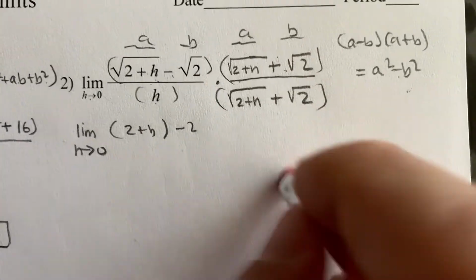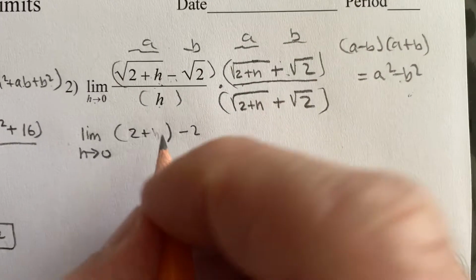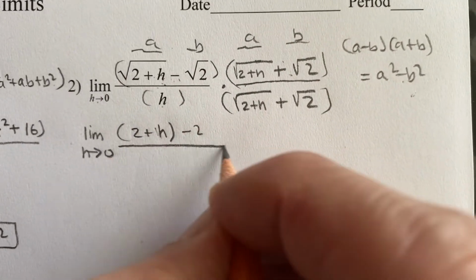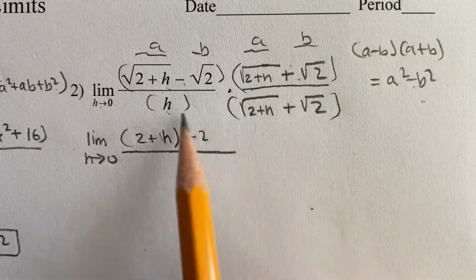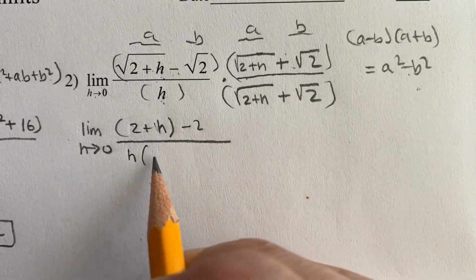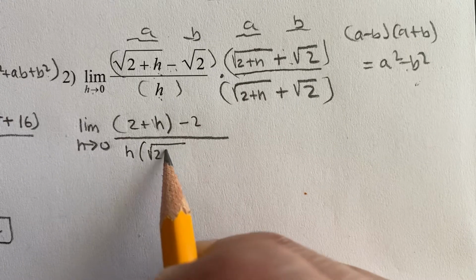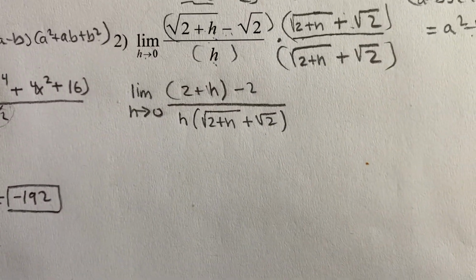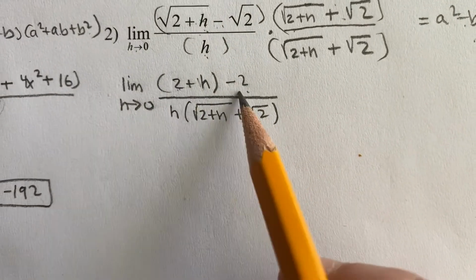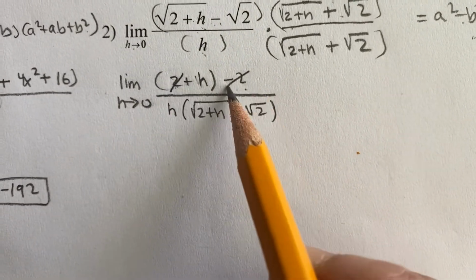It looks like a b over there, but hopefully you can kind of see that's an h there. Now, when you multiply this, don't FOIL it, okay? Write it as, just move everything over. This is root 2 plus h plus root 2. And the reason why I'm going to move everything over is, if you combine your like terms in the numerator, these 2's are going to cancel out.